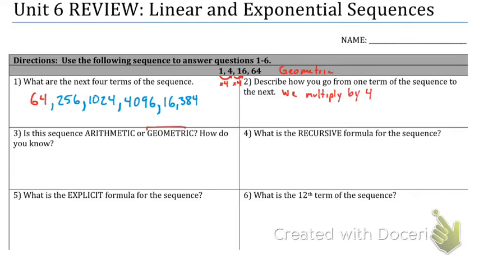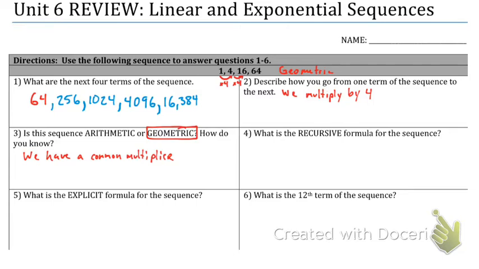We already know it's geometric. We just talked about that. And how do we know? Because we have a common multiplier or common ratio, which in this case is 4.